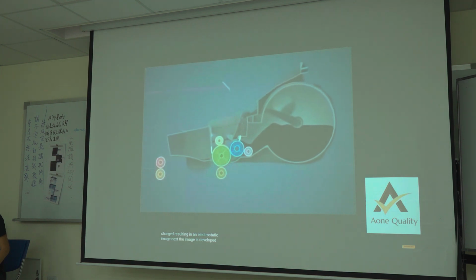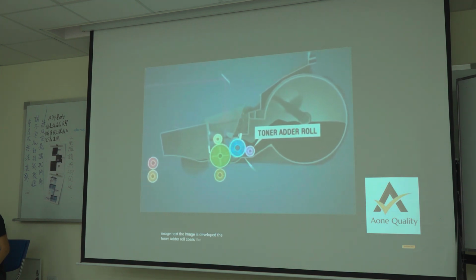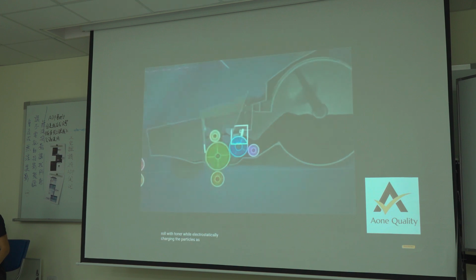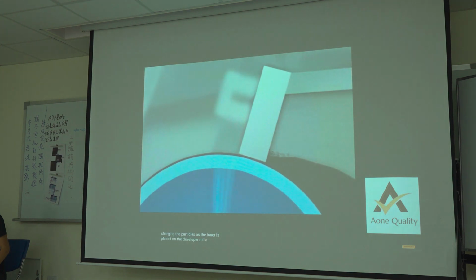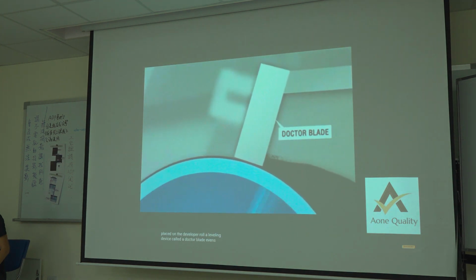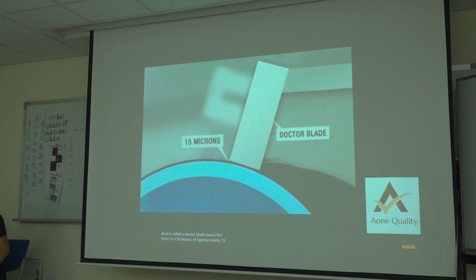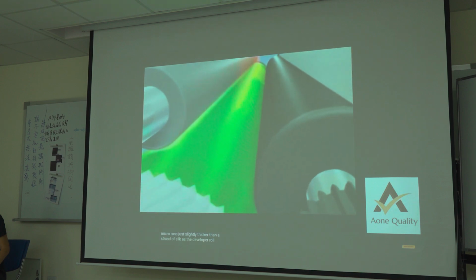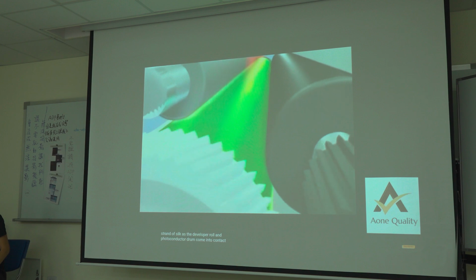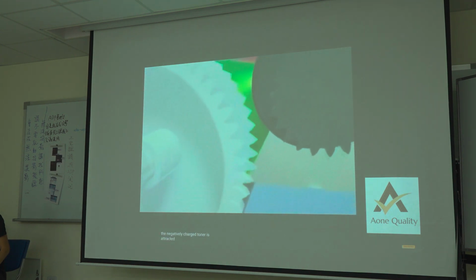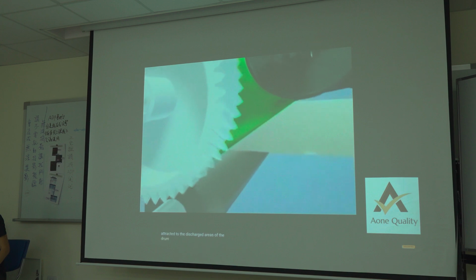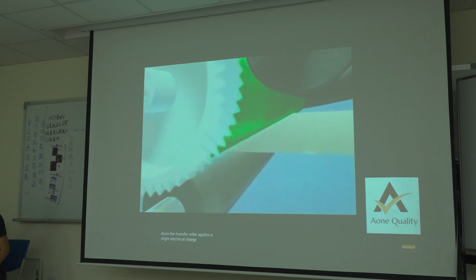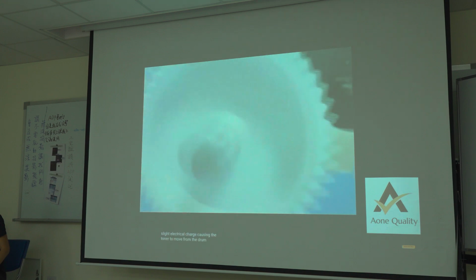Next, the image is developed. The toner adder roll coats the developer roll with toner while electrostatically charging the particles. A doctor blade evens the toner to a thickness of approximately 15 microns. As the developer roll and photoconductor drum come into contact, the negatively charged toner is attracted to the discharged areas of the drum. When the paper passes under the drum, the transfer roller applies a slight electrical charge, causing the toner to move from the drum to the paper.